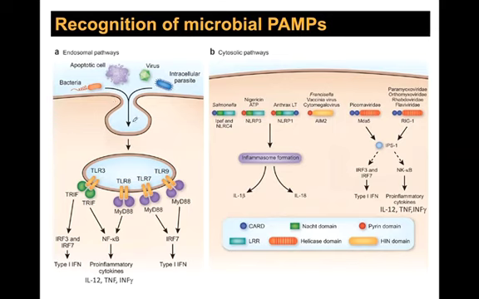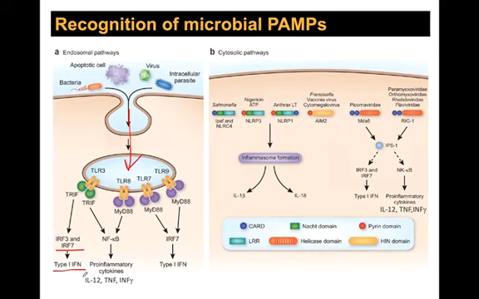Here I've highlighted, for viruses in particular, as the virus comes into that endosome, you have all of these different toll-like receptors that can signal the cell, yes, we need to make pro-inflammatory cytokines. For many of these toll-like receptors, primarily you're going to signal through the IRF proteins, interferon regulatory factor proteins, giving you type 1 interferons.